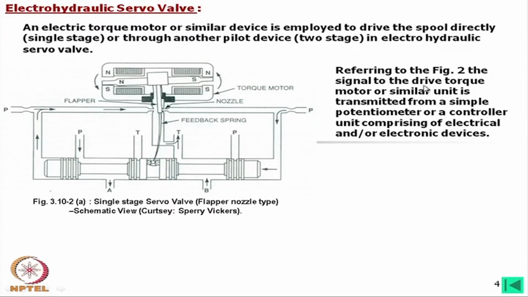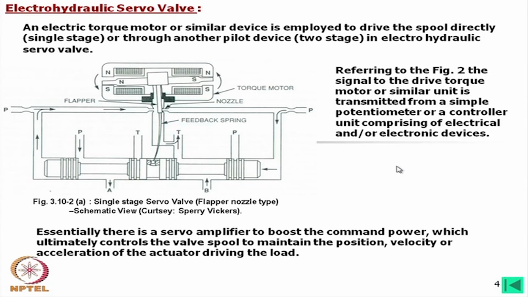Now, referring to this figure, the signal to the drive torque motor or similar unit is transmitted from a simple potentiometer or a controller unit comprising electrical and or electronic devices. If high torque is required, then definitely you have to take these electrical units, otherwise an ordinary electronic device which can generate a small amount of force can also be used there.